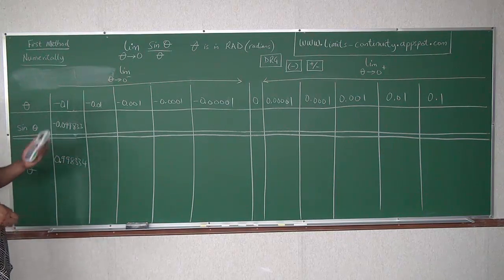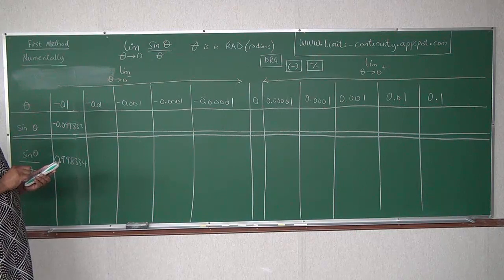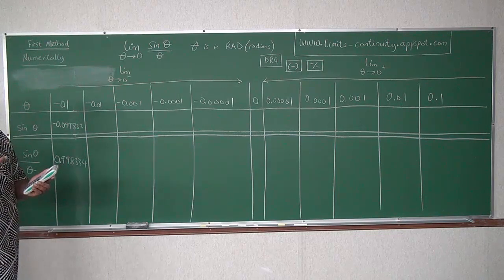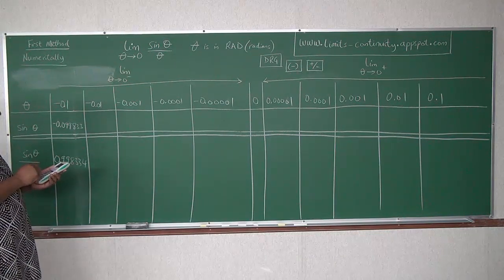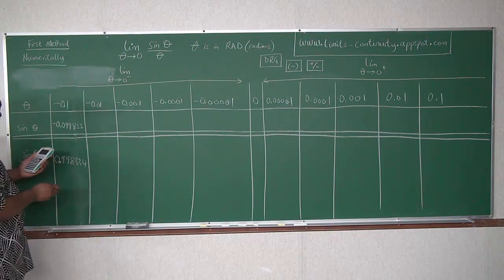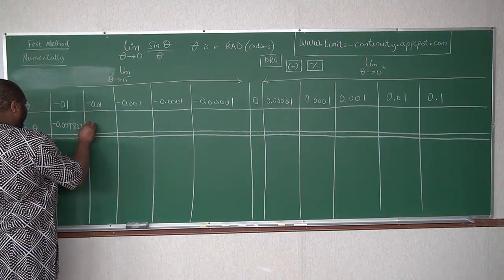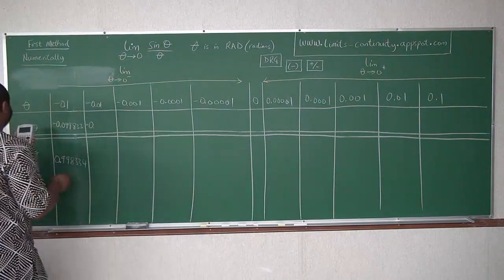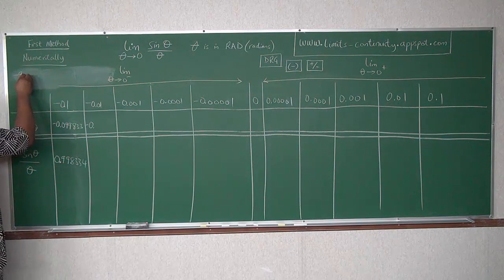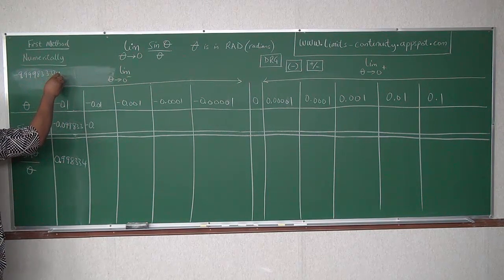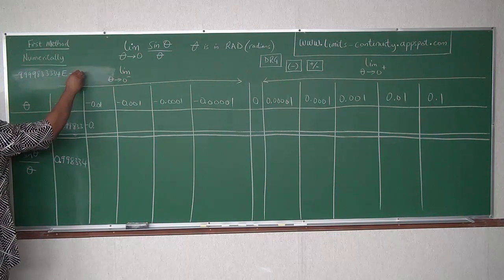Okay? And then I do this: sine, parentheses, negative 0.01. This gives me, this is what it gave me, negative 9.99833 E negative 3.